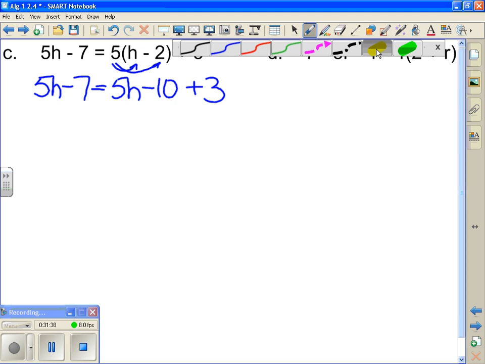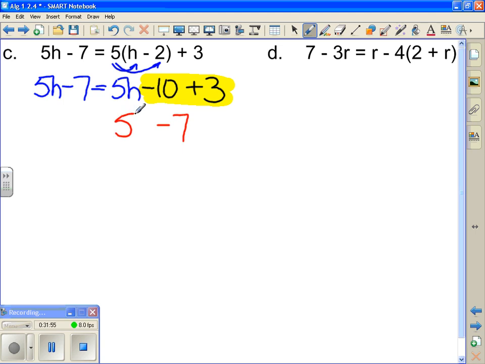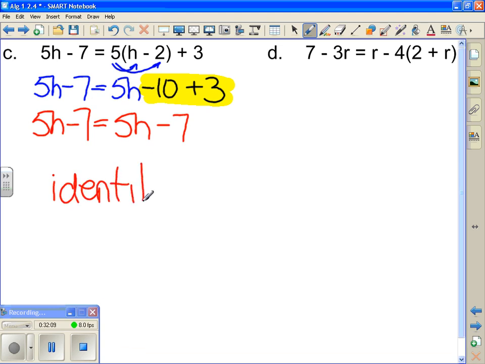Step 3. Look here. Like terms. What is -10 plus 3? You guessed it, -7. So I have 5h minus 7 equals 5h minus 7. Huh, they're both the same. I guess the answer is, that's right, identity. Identity.